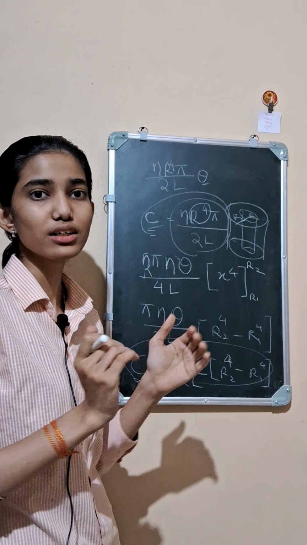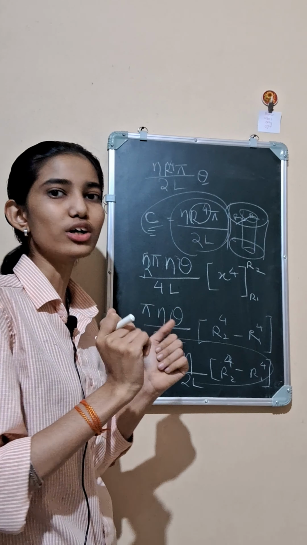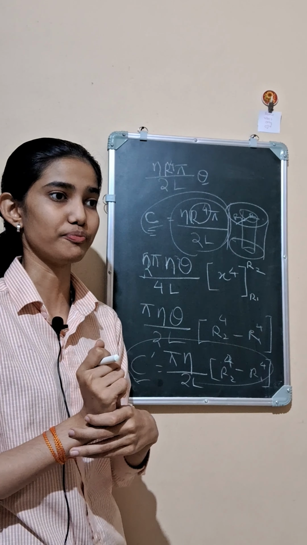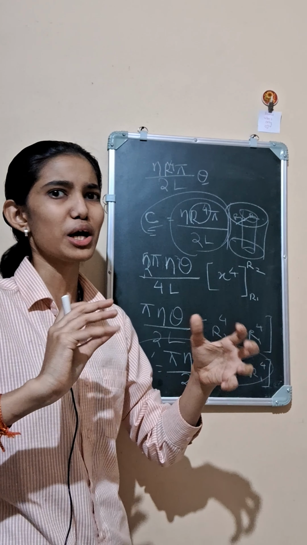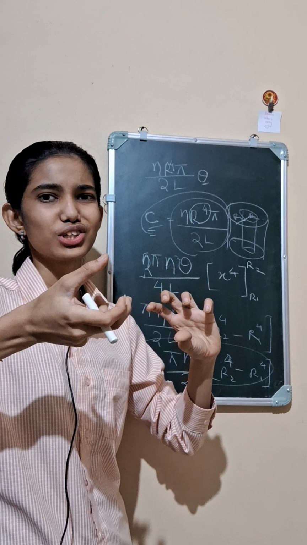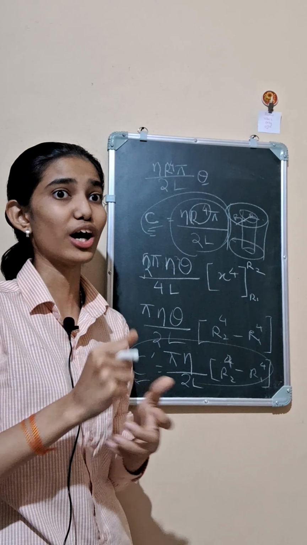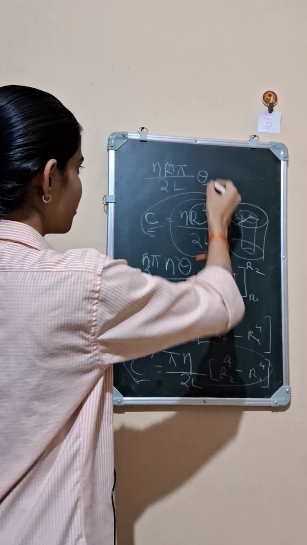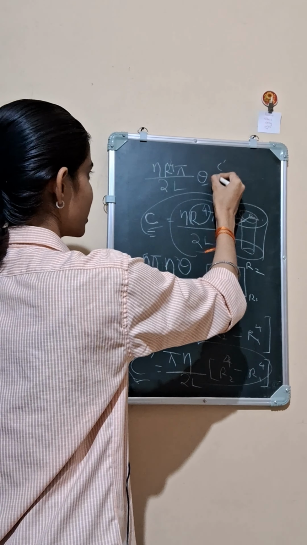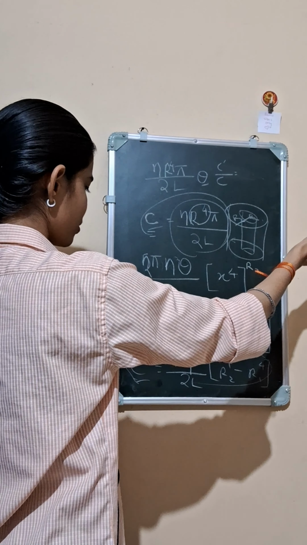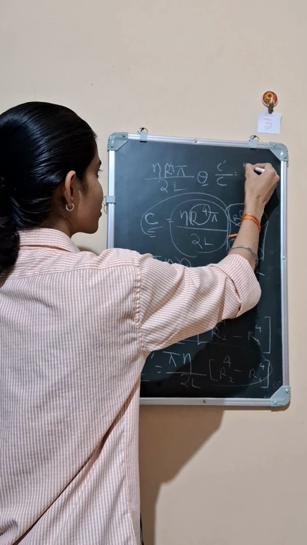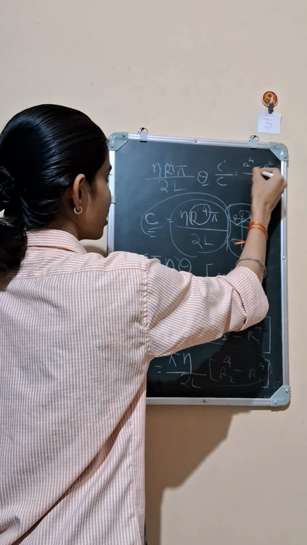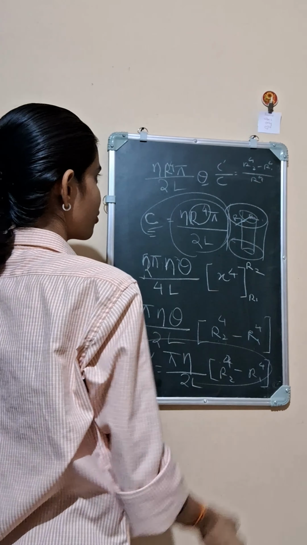But here, with a smaller torque, it will twist by an angle of unity. And I don't want my machine to look twisted after I turn it on. So I will prefer a hollow shaft. So you can divide C dash by C and we will get (R2 to the power 4 minus R1 to the power 4) by R to the power 4.